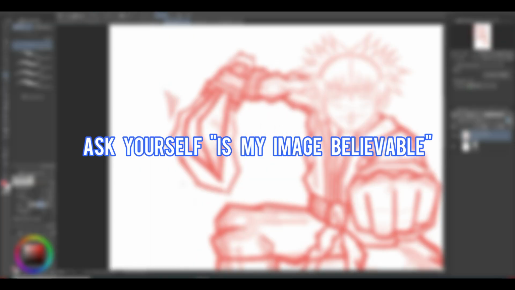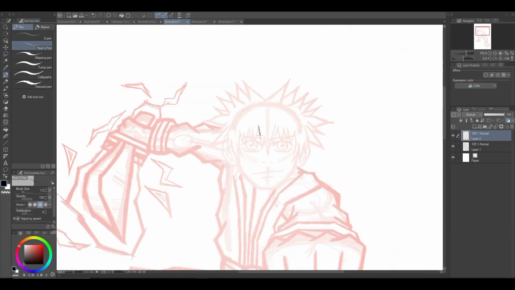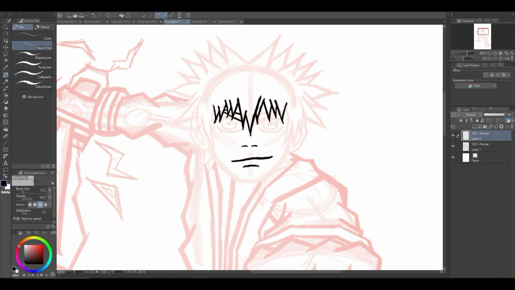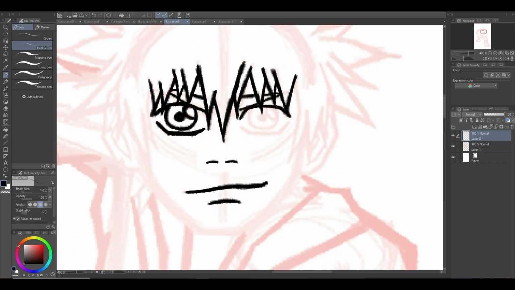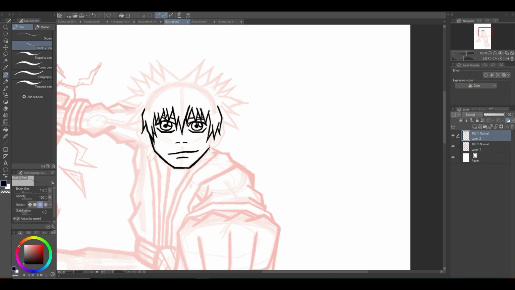Now that we understand what foreshortening is on a fundamental level, we also need to understand that it needs to be believable. Whenever you draw something in a foreshortened point of view, it needs to be believable. And what do I mean by that?